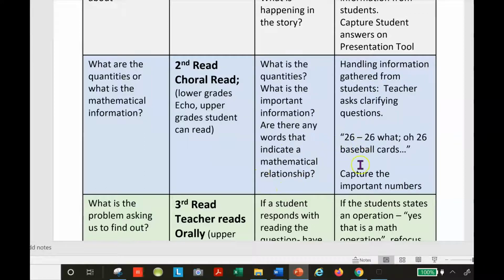Another important part here is that if students just say 26, well, we would ask them a leading question. 26 what? 26 baseball cards? 26 fish? 26 inches? Having students key in on units or identifying information about that number helps them to solve.